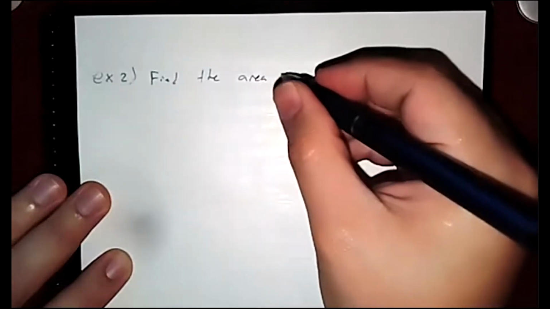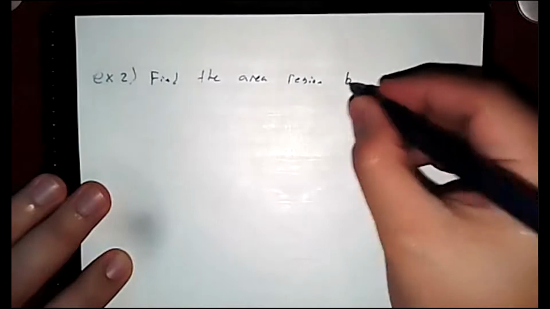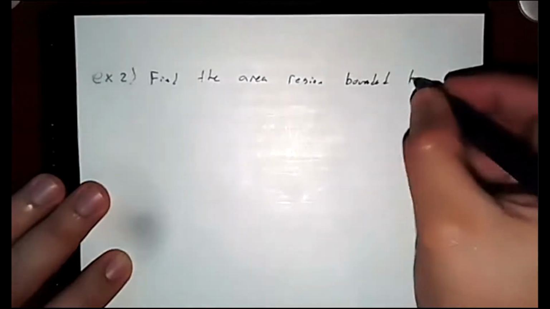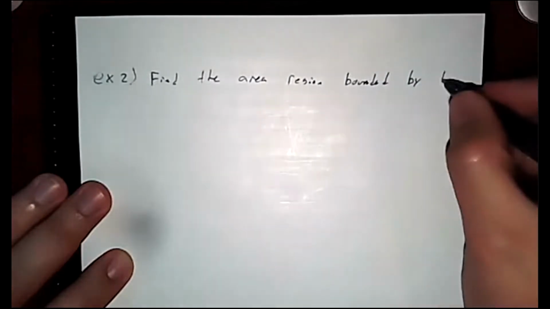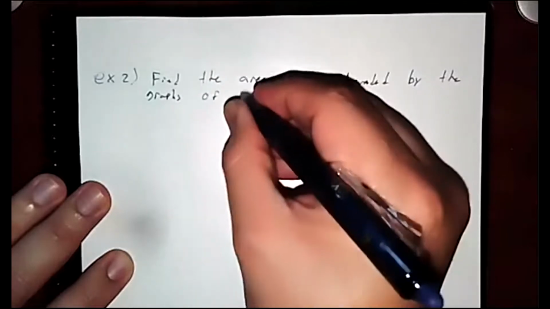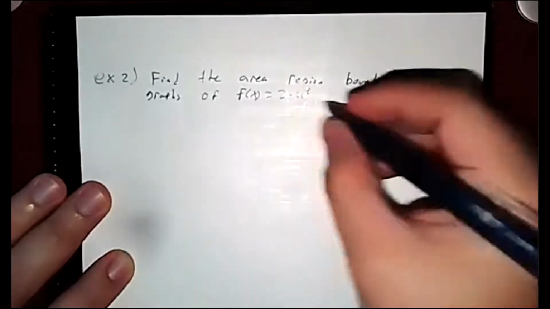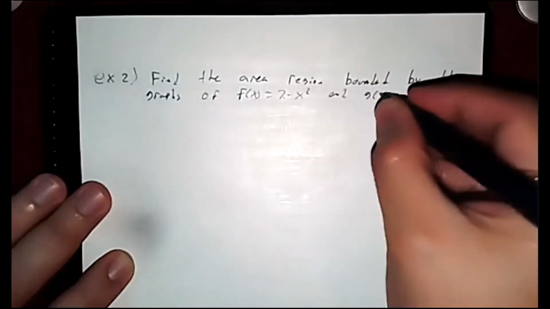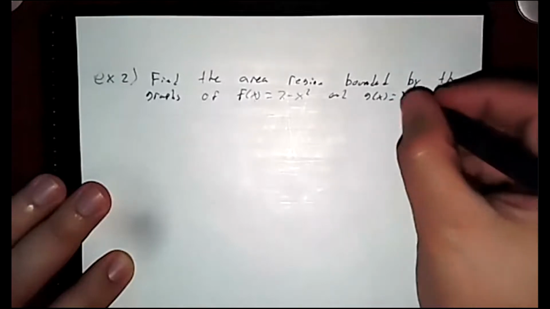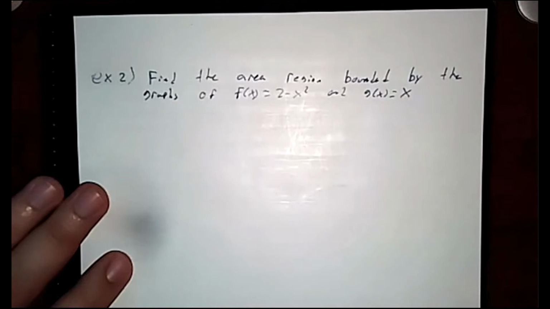All right, number 2, find the area of the region bounded by the graphs of f of x equals 2 minus x squared and g of x equals x.